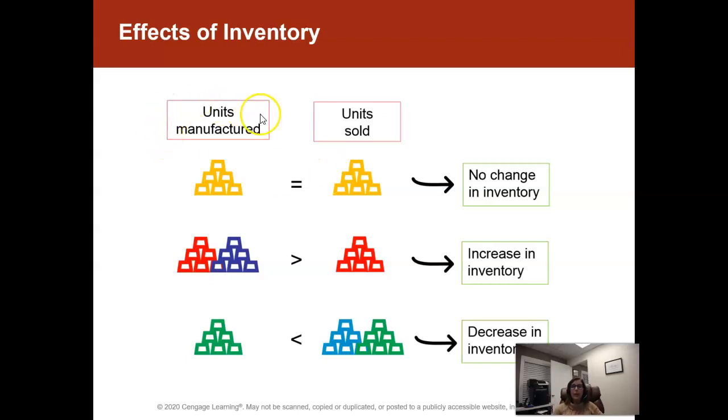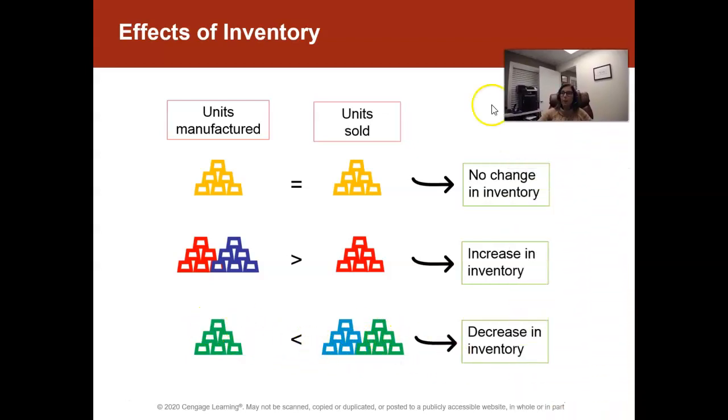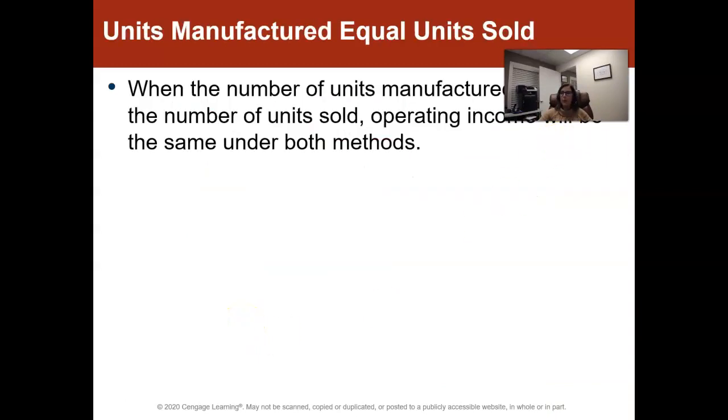On the other hand, if we make more than we sell, we're going to have more inventory, obviously, because we didn't sell it because we made too much. On the other hand, if we make less than we sell, our inventory number is actually going to go down because we've not only sold everything we made in the period, but probably the stuff that we had on hand as well.